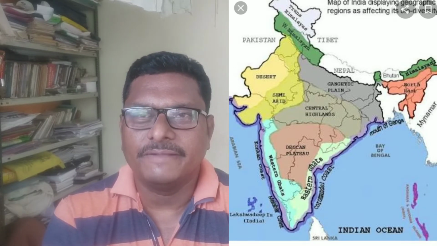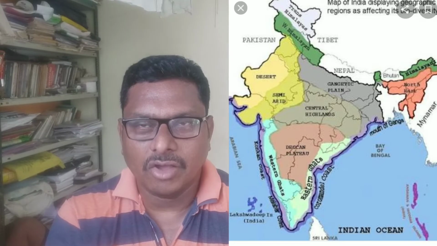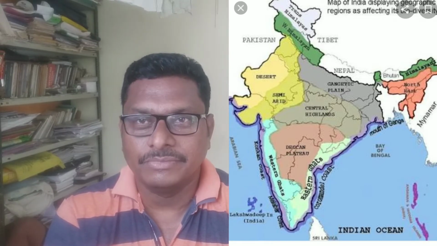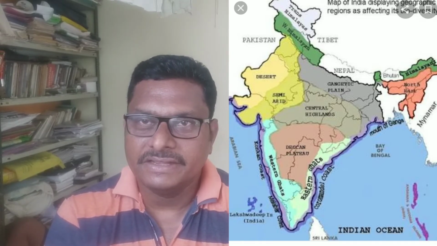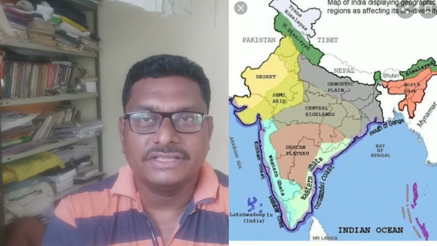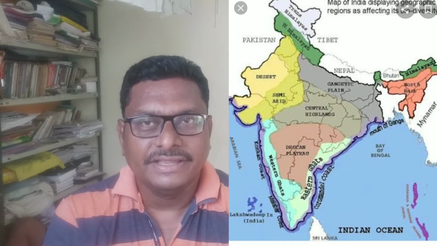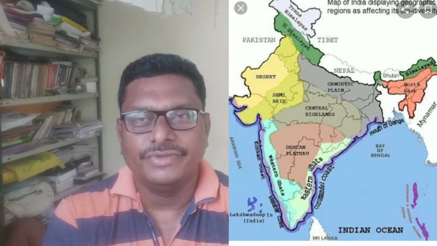India is blessed with near about 7,500 kilometers of coastline, and that coastline is not the same or similar. It has great variation, particularly between the eastern and the western coastlines, and because of that the eastern coastal plains have different characteristics, whereas the western coastal plain has its own characteristics and identity.